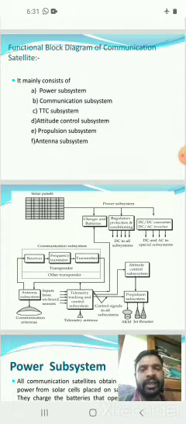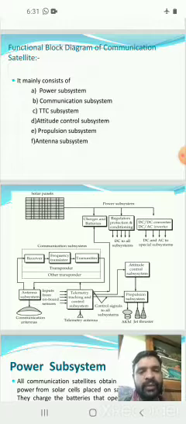In this way, satellite communication is used.